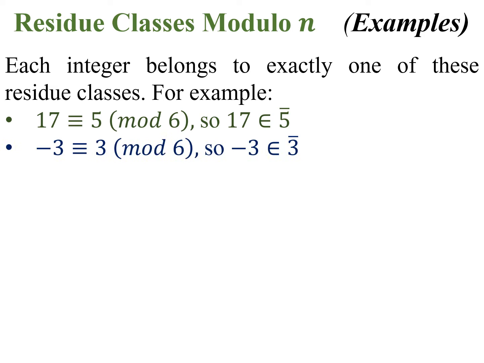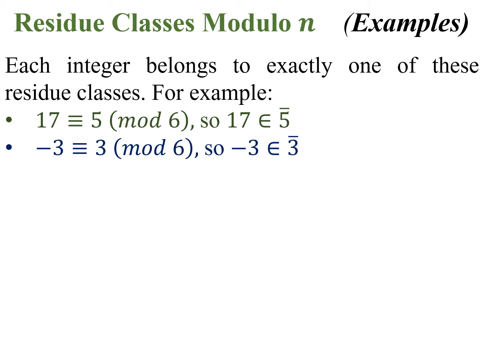Okay. Here minus 3 is congruent to 3 modulo 6. Why? When we divide minus 3 by 6, we will get the remainder 3. But it is somewhere difficult to see how 3 is the remainder when minus 3 is divided by 6. Instead, you can apply the definition of congruence here.